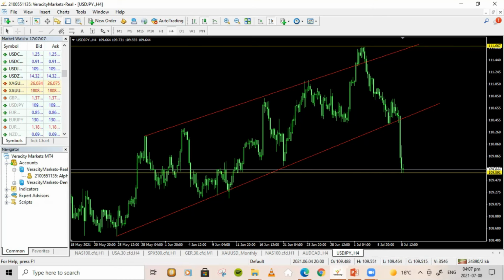Here, as you can see, the market was restricted from going up, and then here it was broken, but it quickly came back, meaning that the breakout was not sustained. So that's how you can consider it a false breakout.